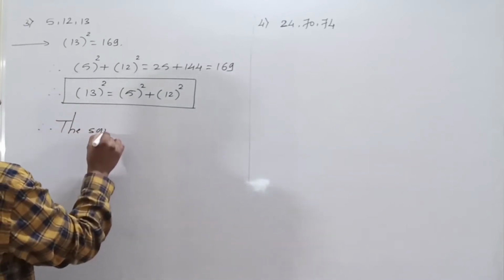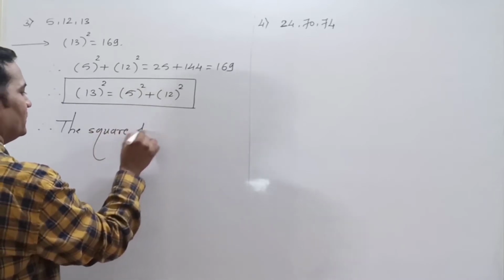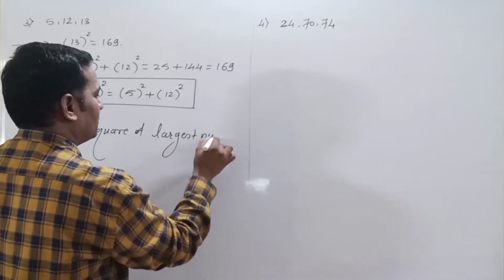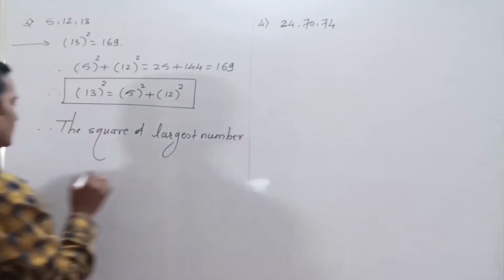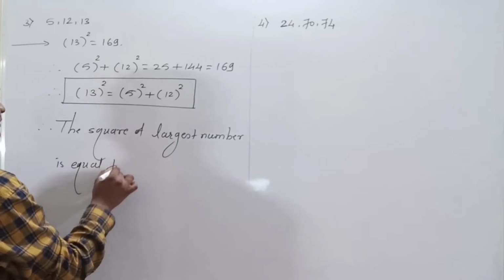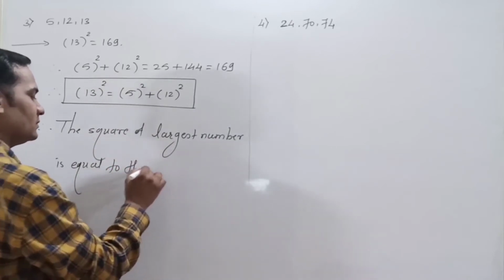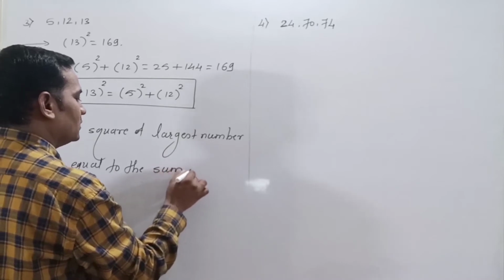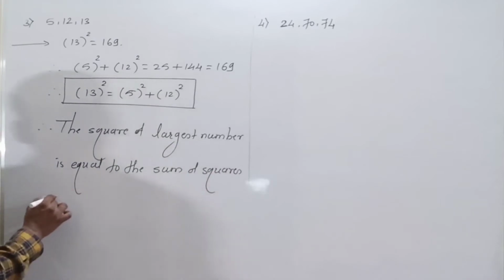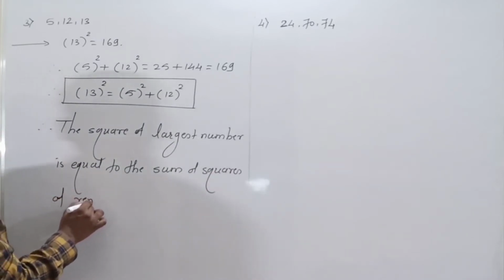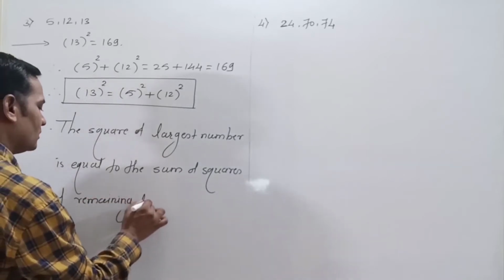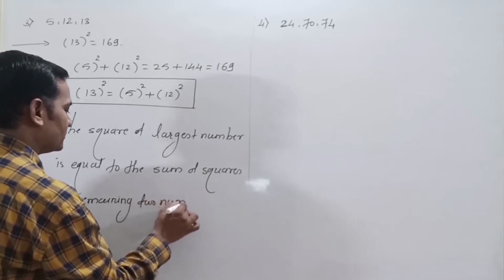The square of the largest number is equal to the sum of the squares of the remaining two numbers.